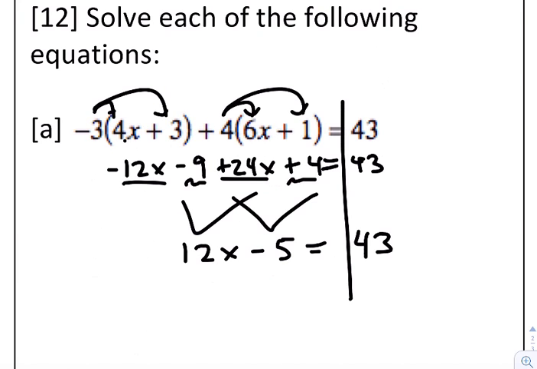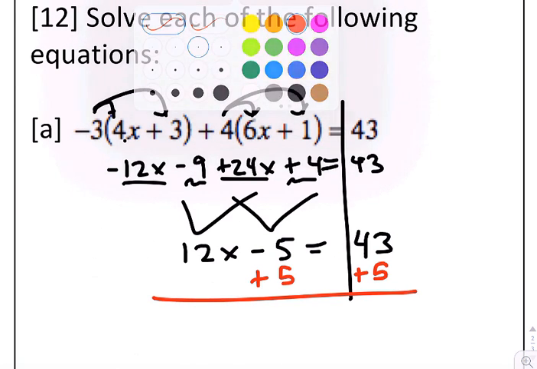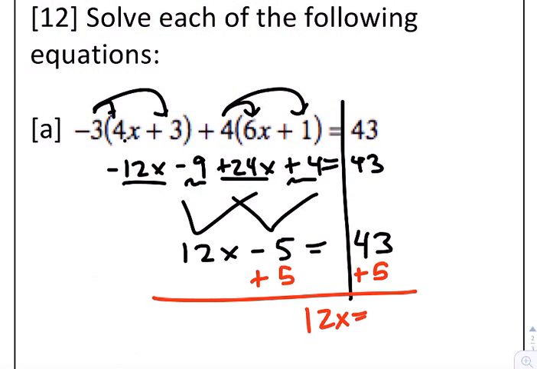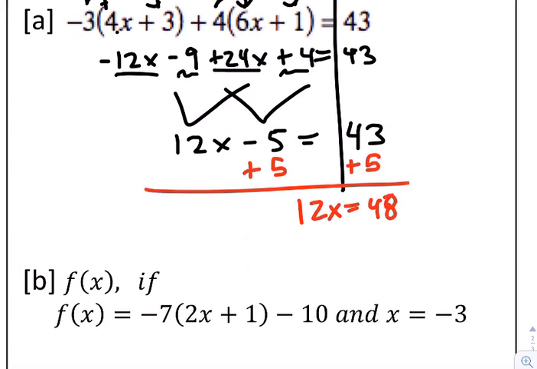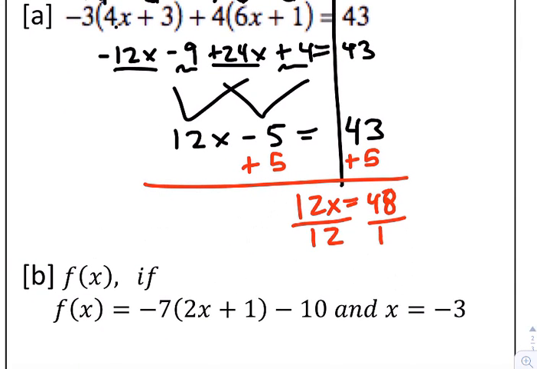Okay, so now we're just into our algebra steps. Let's add 5 to both sides. So we're left with 12x's is the same thing as 48. Okay, divide both sides by 12, and x in this case is now just going to be 4.